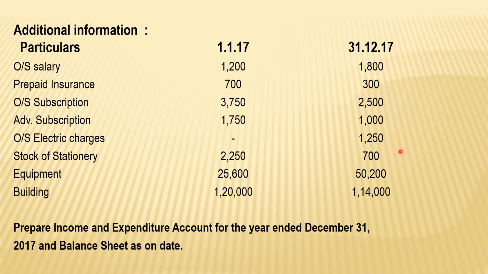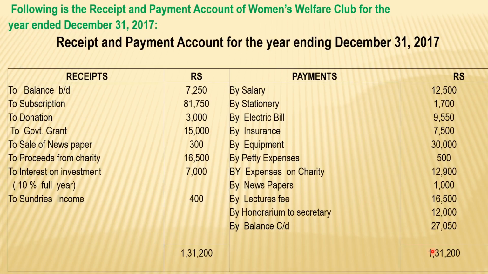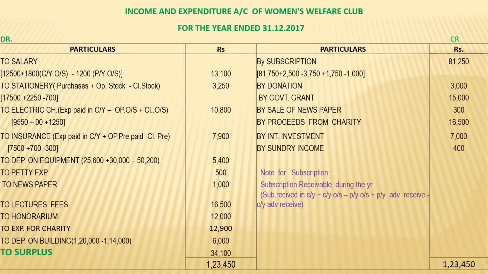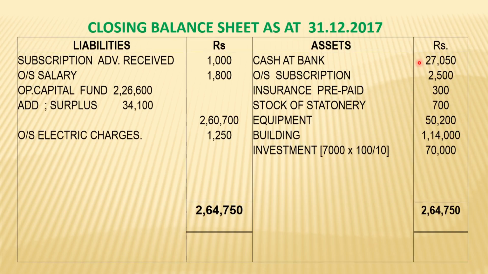Stock of stationery, asset side. These two are assets, net asset provided. As well as one more data which you have to consider, that is the closing cash balance from the receipts and payment account.